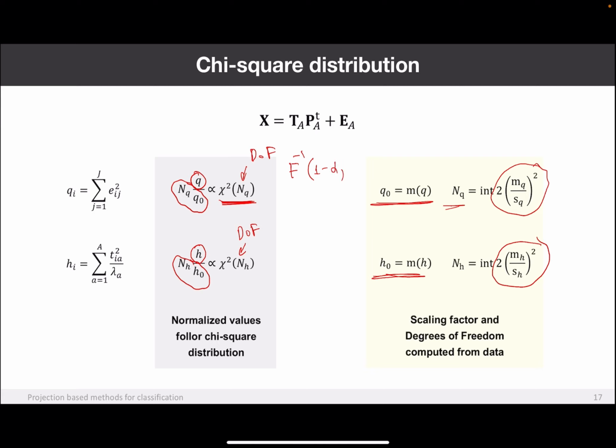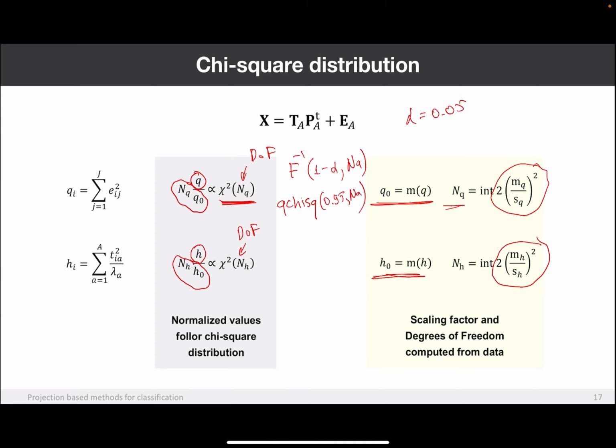So 1 minus alpha and then nq degrees of freedom. For example, in R, you use the qchisq function. That's exactly the inverse CDF function for the chi-square distribution. And then, for example, if alpha is 0.05, so you expect 5% of false negatives, here you have 0.95 and then nq, right?